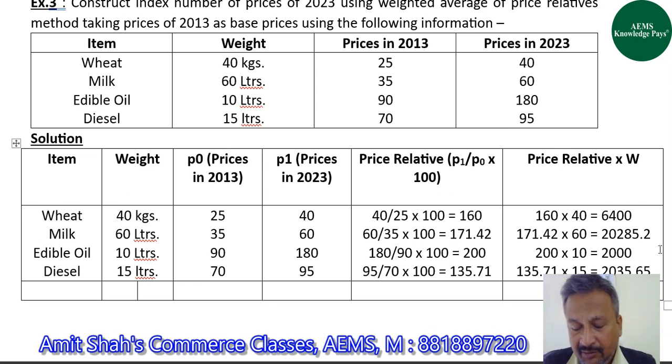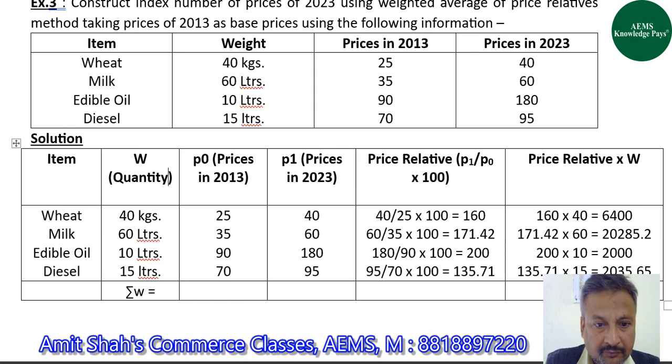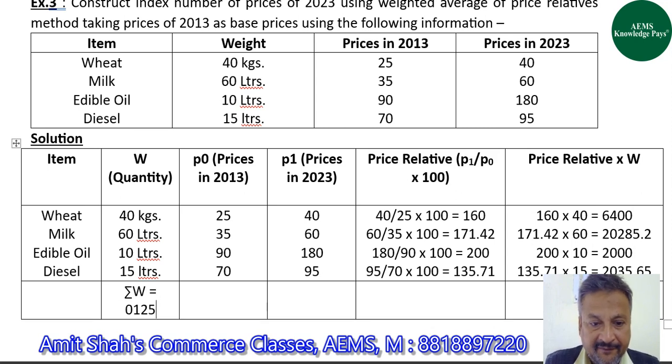Now to calculate index, we take sum total of all the weights. And sum total of weights is 125.